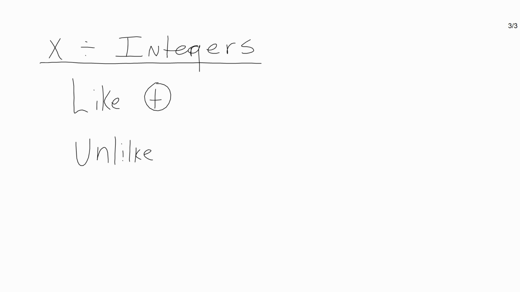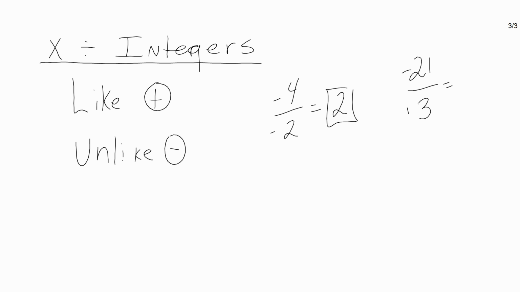I can't even spell. Okay? There. Unlike is negative. So what's negative 4 over negative 2? Well, it's like signs. So your answer is positive 2. What's negative 21 over positive 3? Well, that's unlike signs.